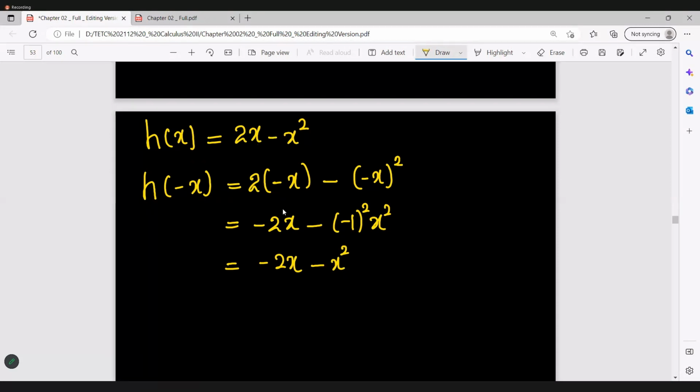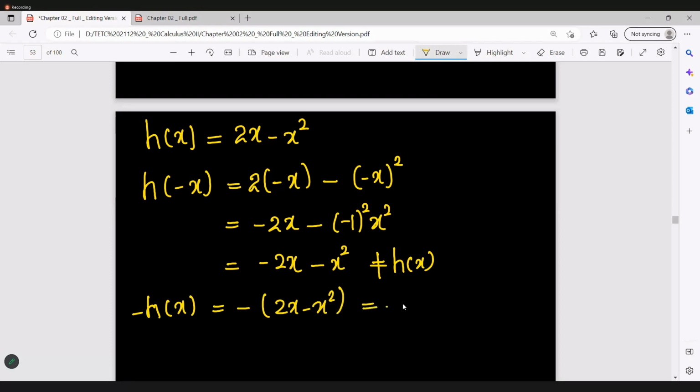So we have obtained the answer as minus 2x minus x squared. This is not equals to h of x. We can clearly see that the coefficient of x in h of x is equals to plus 2, but here it is minus 2. So let's see minus h of x. We are considering minus h of x. So minus h of x means we have to multiply the entire function by minus 1.